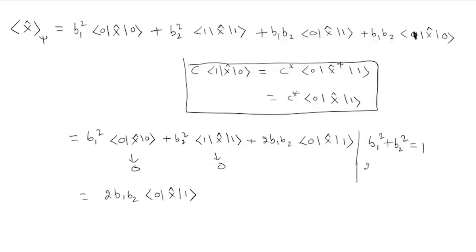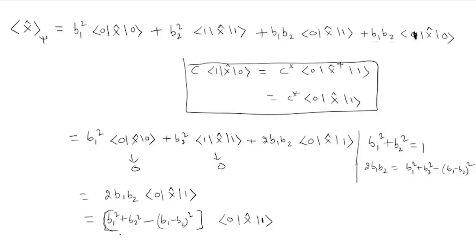And then 2 b1 b2 we can write as b1 square plus b2 square minus (b1 minus b2) whole square. You can do that. Then ⟨0|x|1⟩.